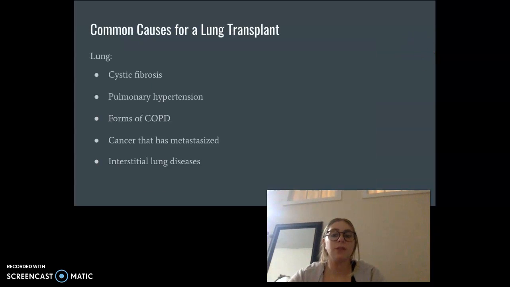So, some of the main reasons for why someone might need a lung transplant are just any typical lung diseases such as cystic fibrosis, pulmonary hypertension, any form of chronic obstructive pulmonary disease, cancer that has metastasized, or just any interstitial lung disease.